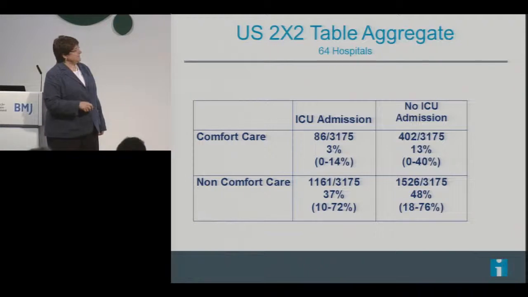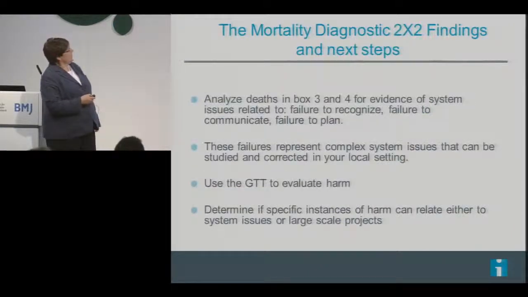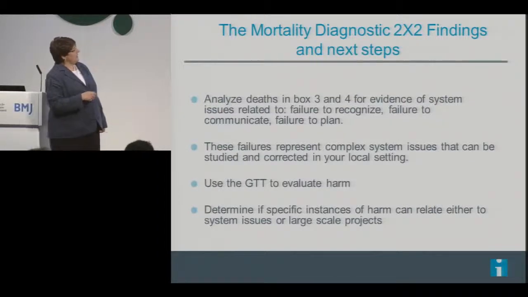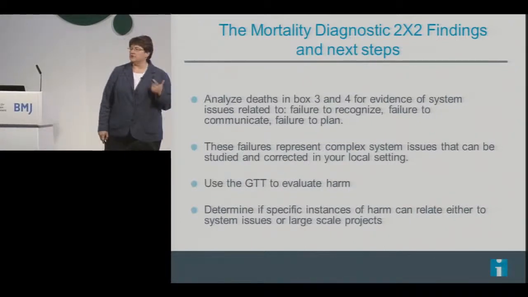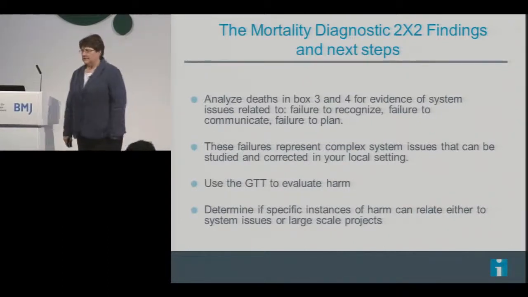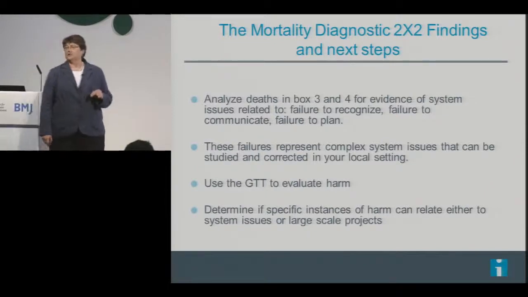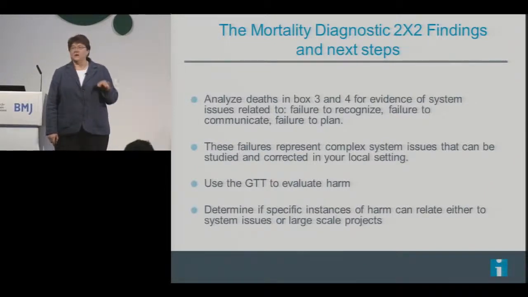The question is why. When we look at this carefully and analyze box 3 and 4, what we find most often is that the patient had things like poor communication, poor handoffs, and failure to rescue. What we're hoping for usually is that we find 1 or 2 big diagnostic groups. Wouldn't that be easy?